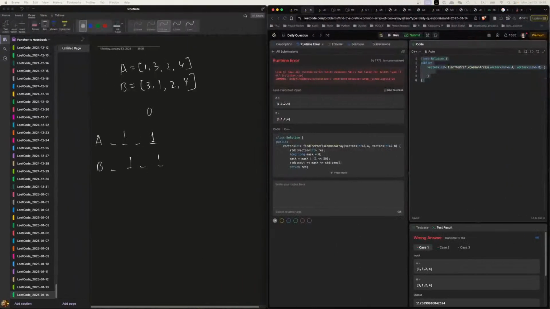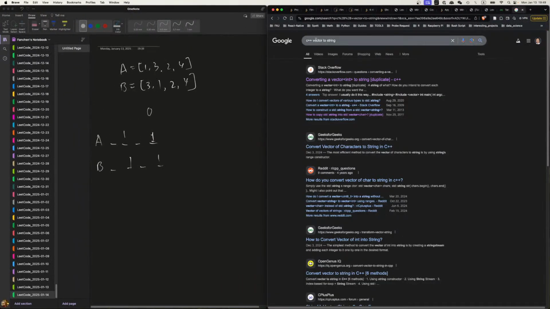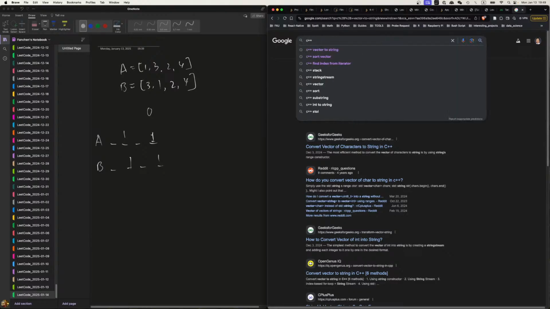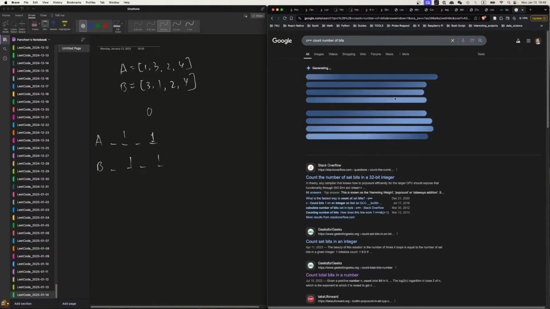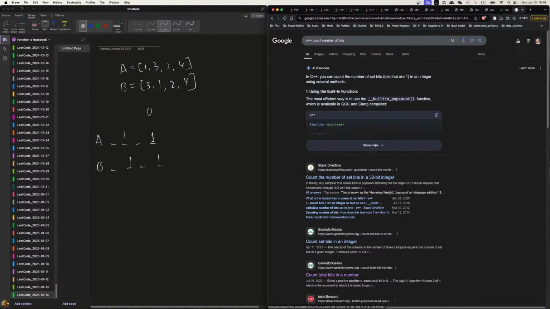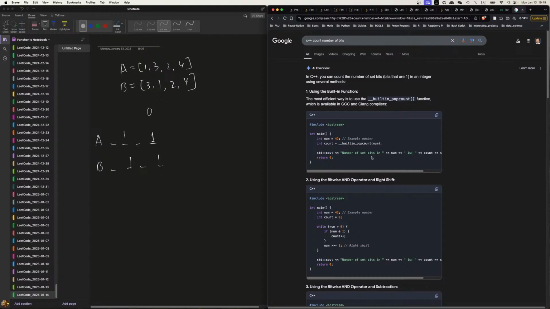Okay, how do I count the number of bits? Built-in pop count.